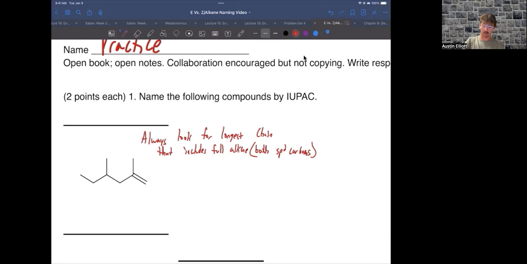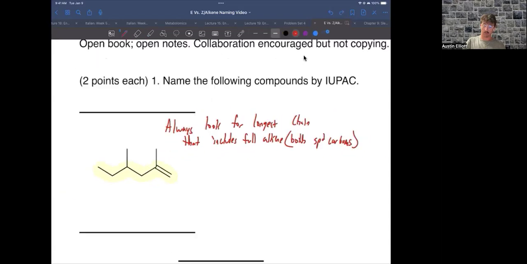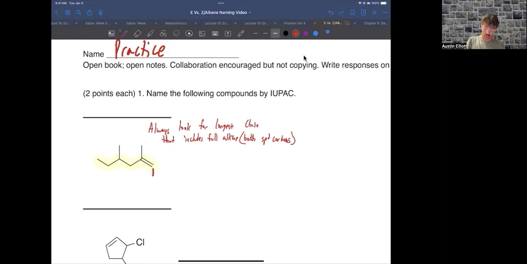So in this case, we're going to highlight, make sure we get the whole thing in there and go like that. We're also going to start our numbering down here. It's going to be 1, 2, 3, 4, 5, 6. And then we're going to start. So we have a methyl on the 2 and the 4. So we have 2,4-dimethyl.